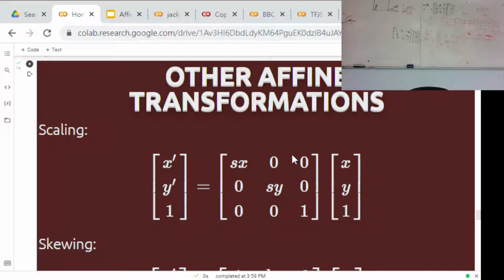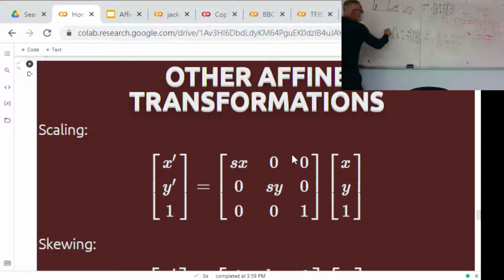Right? So that means every point I subtract Rx and I subtract Ry. Either way you want to think about it, either you take the whole thing and move it to the origin, or you take the coordinate system and move the coordinate system to the origin. It's the same thing. Right? The same transformation.